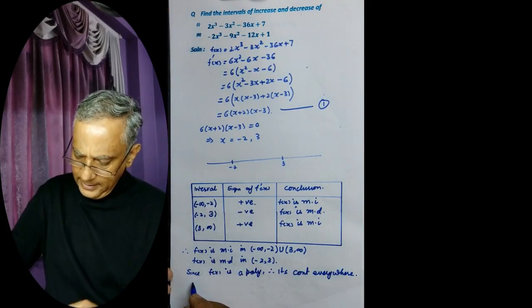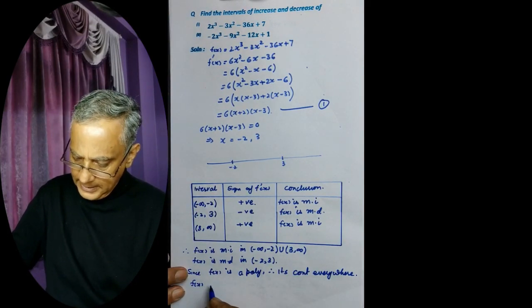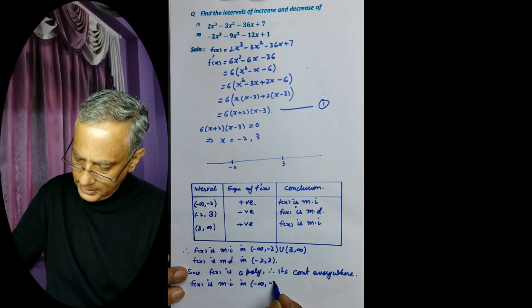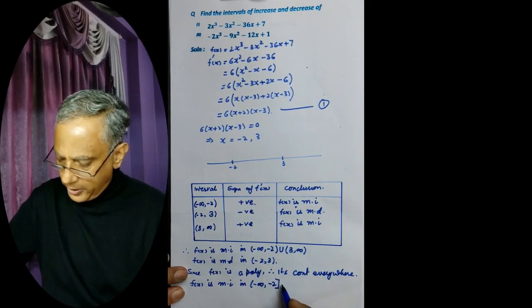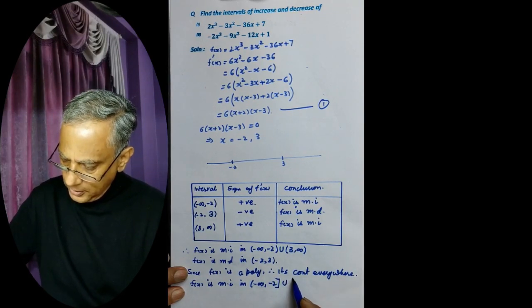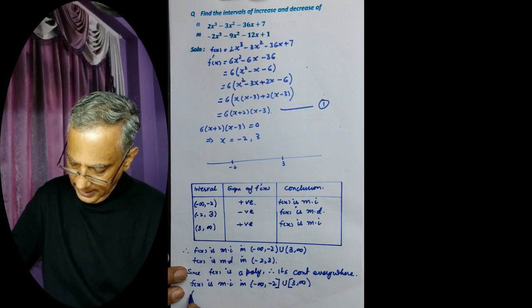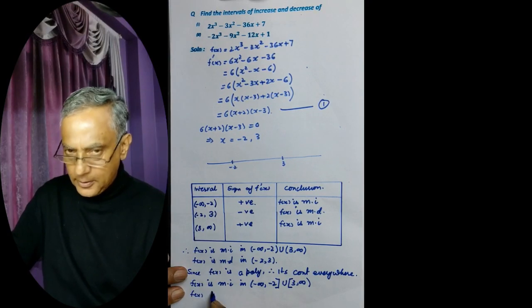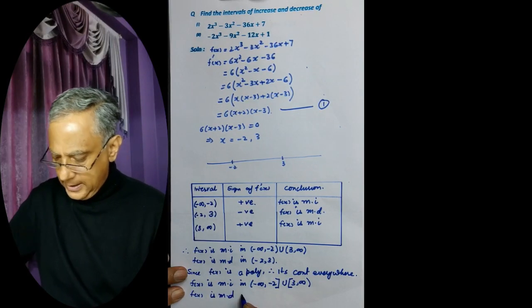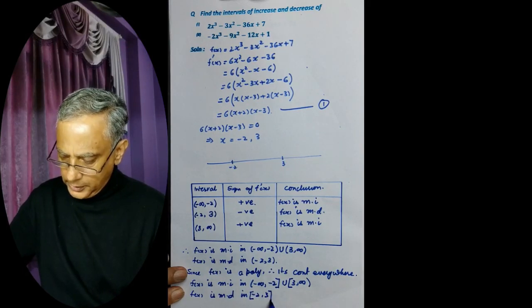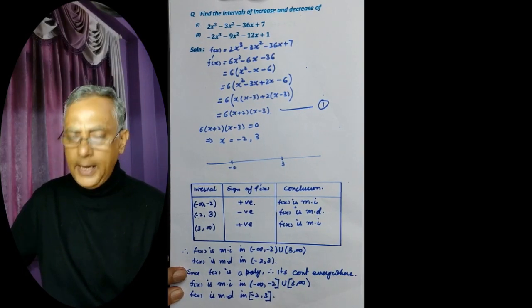We can write f x is monotonically increasing in minus infinity to minus 2 closed interval. This endpoint can be included, and this will be 3 to infinity. We can include these endpoints, and f x is monotonically decreasing in minus 2 to 3. This is the answer.